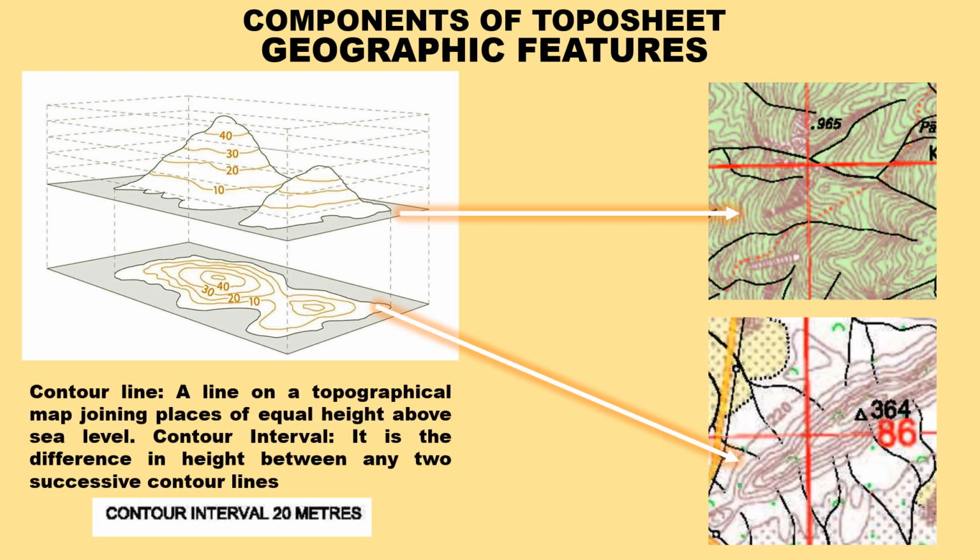Contour lines are essential for understanding the landforms, slopes, valleys, ridges, and elevation changes on the map. On a Toposheet, they aid in navigation, planning, and geographic analysis, making them crucial for hikers, engineers, geologists, and planners. On the Toposheet map, the contour lines are represented by brown curved lines.